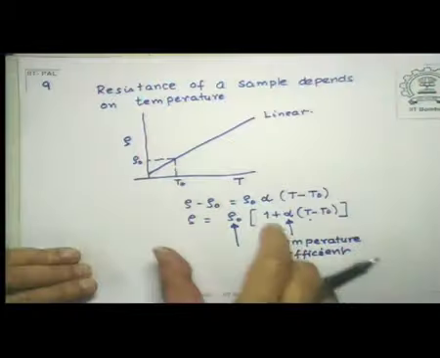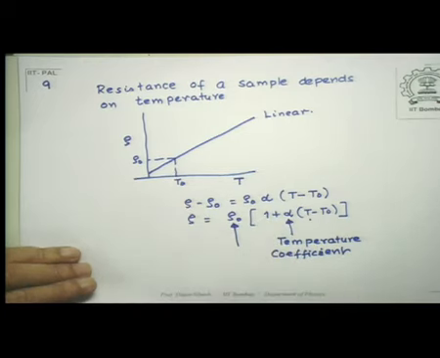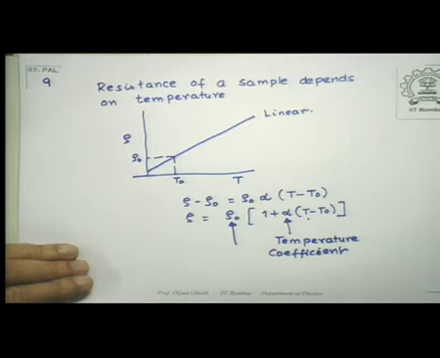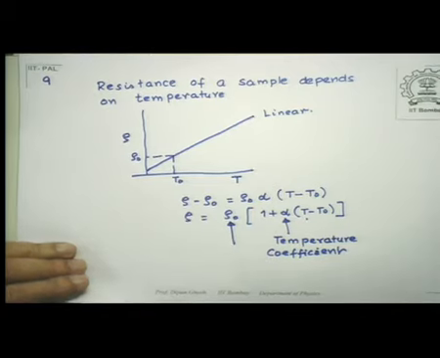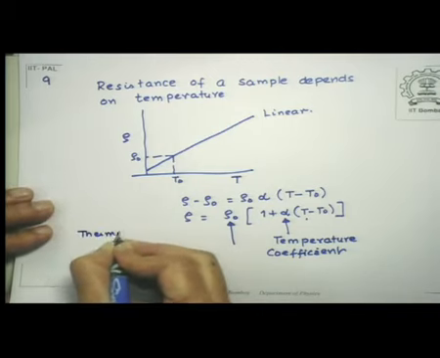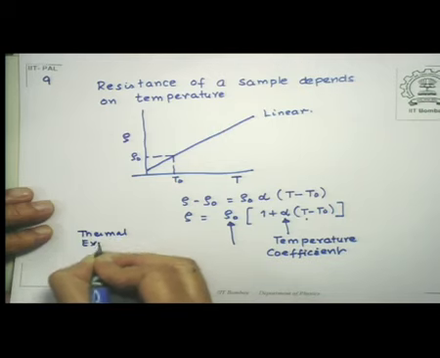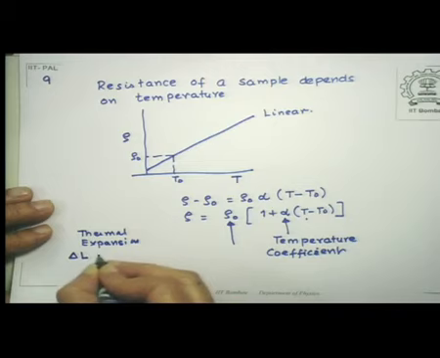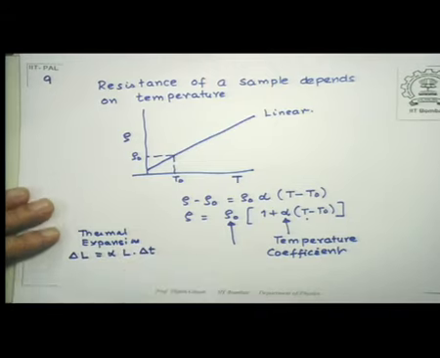So basically what we are trying to tell you is this: when you apply a temperature, you have thermal expansion. For example, the length changes, delta L. In thermal expansion, we say that the length change delta L is equal to alpha L into delta T. A very similar relationship.